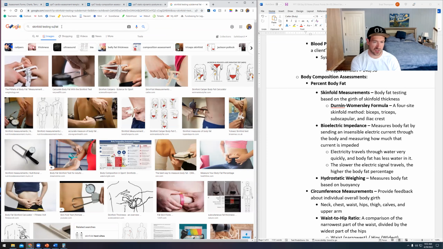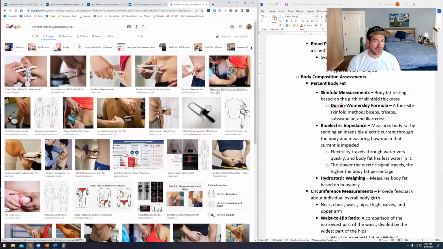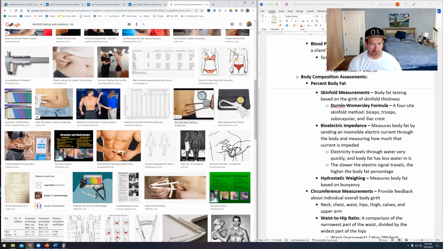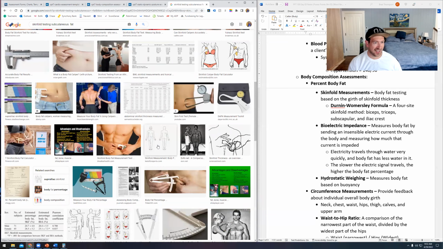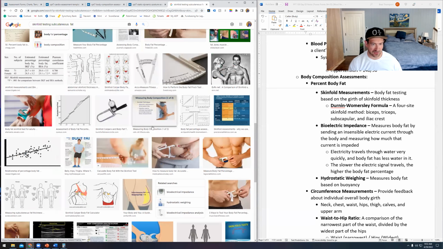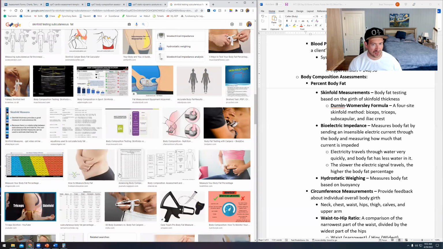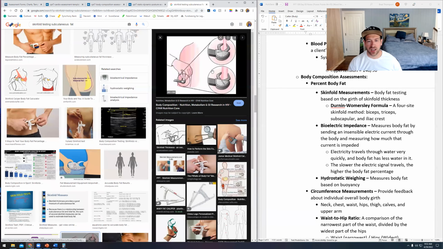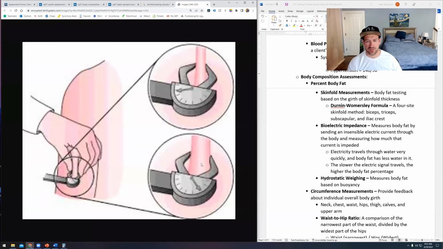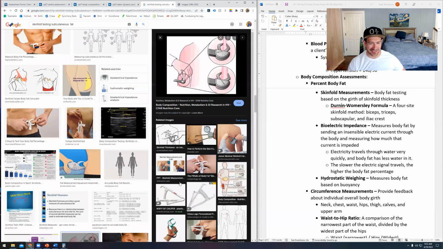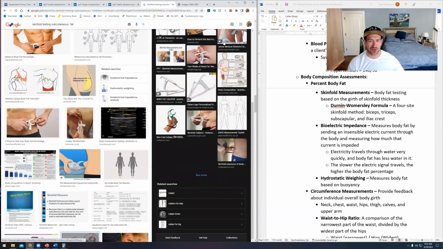Sorry, not subdermal, subcutaneous. Oh, come on, internet. Give me the picture. I've pulled it up before. These are all good examples of what you're going to do.